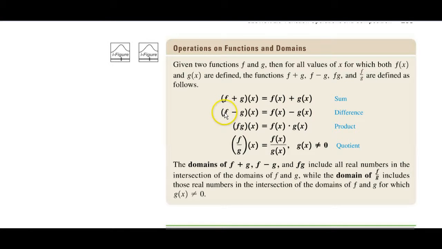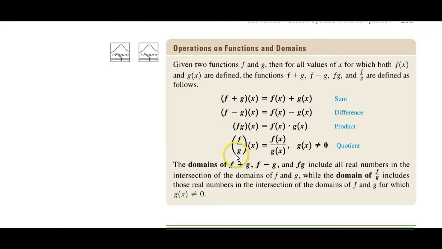This would be the symbols used to indicate subtraction. And now, since there is no sign between them, this indicates multiplication, which is a product. And in a sense, these are considered factors.